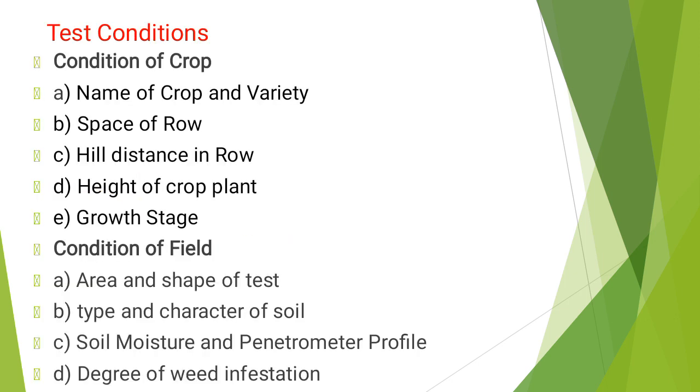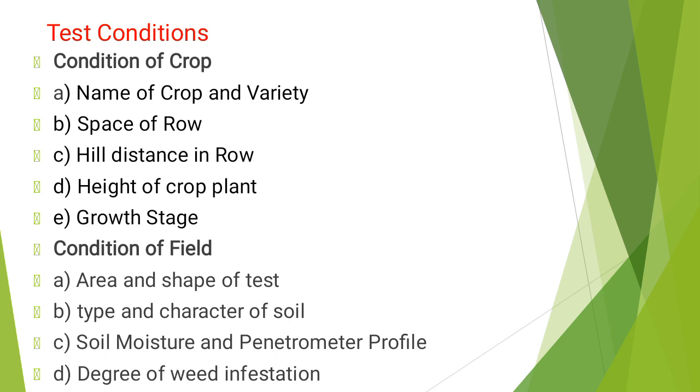Now the performance of the cultivator varies considerably according to the type and moisture content of the soil, condition of the crop, width, type of soil, working parts. Therefore, the condition of the test has to be clearly indicated, and the range of the test condition to be defined is as follows. The condition of the crop contains the name of the crop and variety, space of rows, hill distance in rows, height of the crop plant, growth stage.